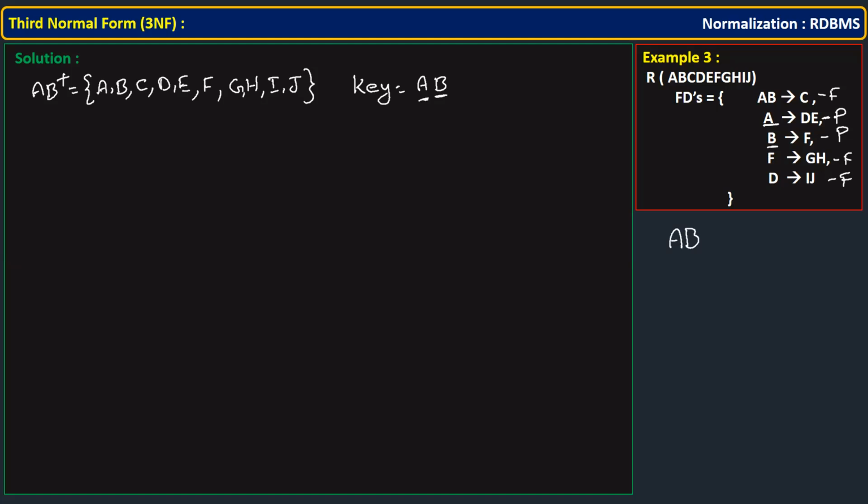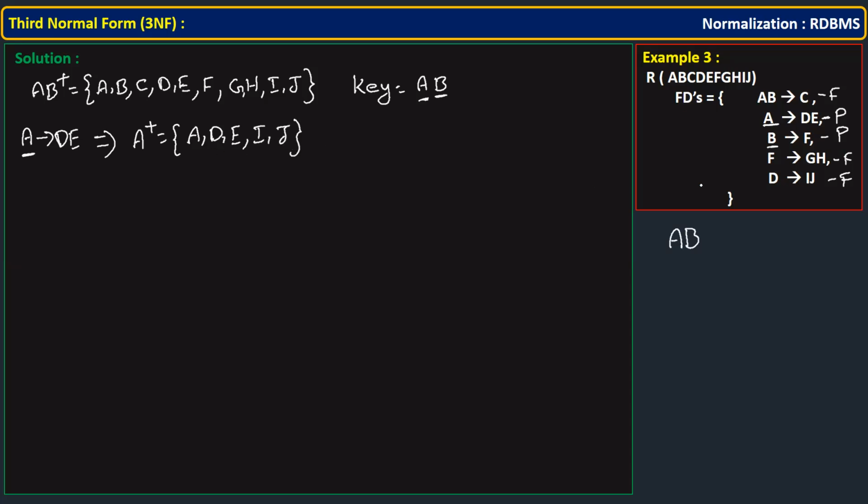Now come to these two actually. Consider first A derives DE. So what we have to do from this is find the closure of the LHS. So let us find the A closure. First of all A. A derives DE, so note down DE. And D derives IJ.